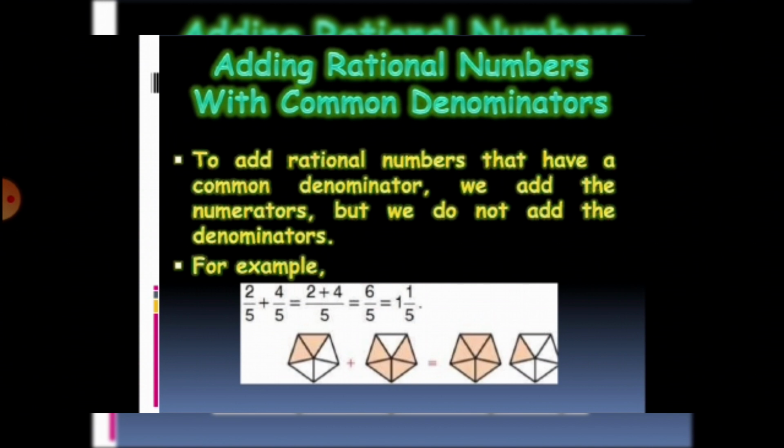So for this we just add the numerators and we write the common denominator down. So the answer will be 6 by 5. You all have learned how to convert improper fraction into mixed fraction in your previous classes. So 6 by 5 is equal to 1 and 1 by 5.